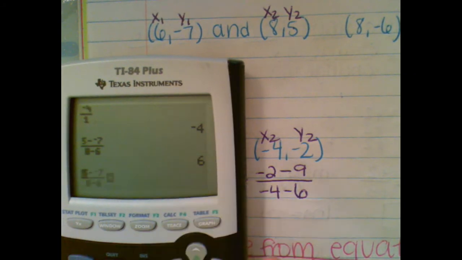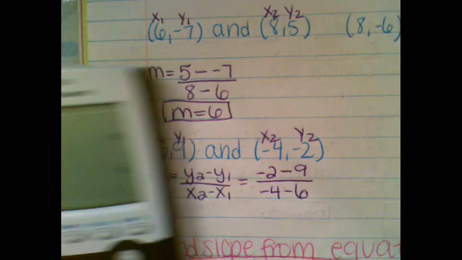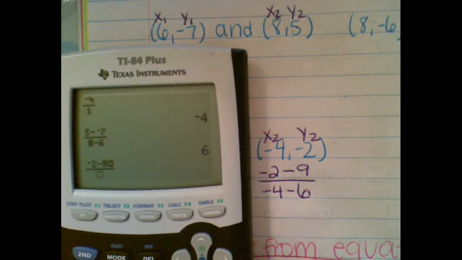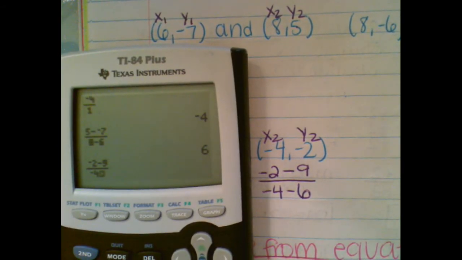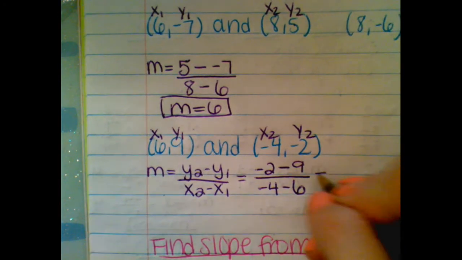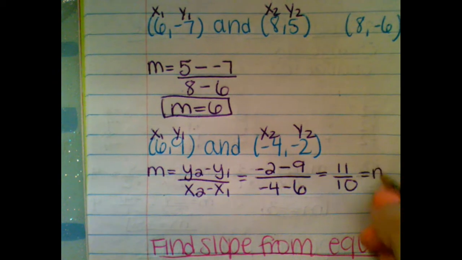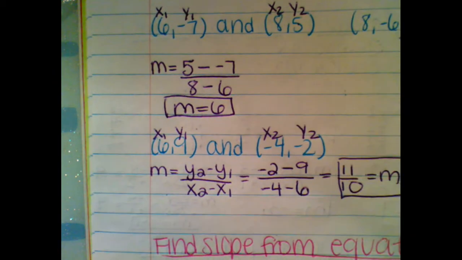So -2 minus 9, -4 minus 6. This one gives me a fraction, but notice it went to positive. That's why you got to use your calculator. So 11 over 10. So there's the slope of that one.